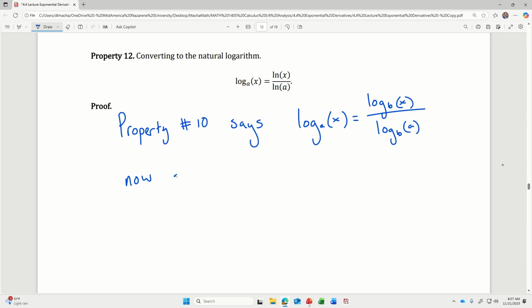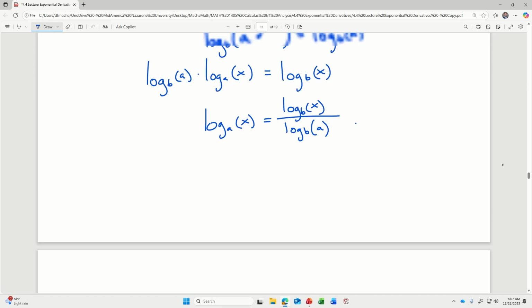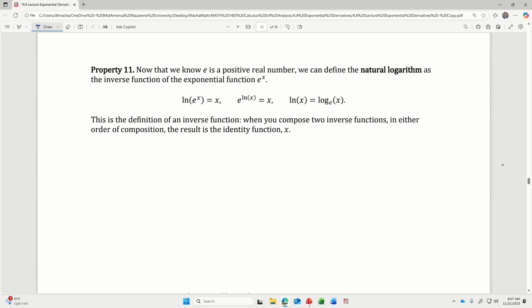Now set b equal to what? Which side is the natural log? Yeah, the natural logarithm is actually the logarithm with base e.